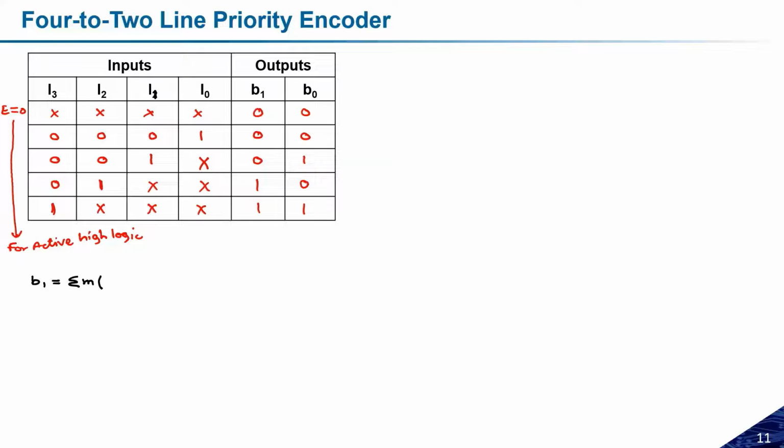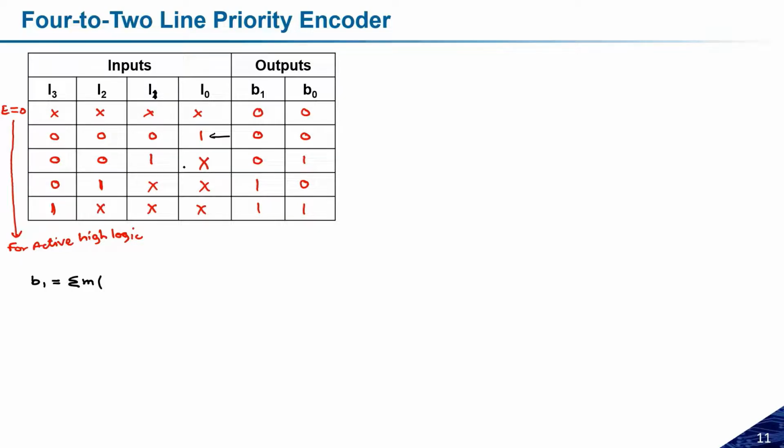2 and 3 only? No. Let me tell you one thing, then you can start thinking about this one. If you see this first case, the possibility is 0, 0, 0, 1.